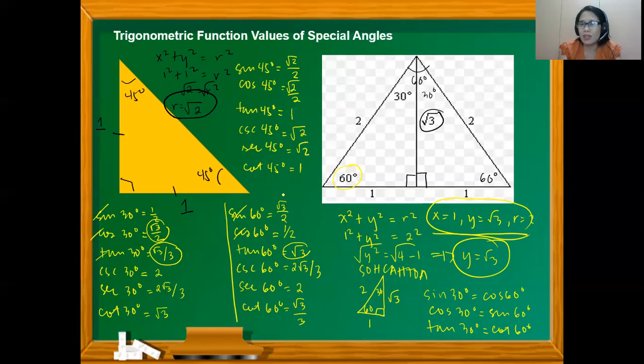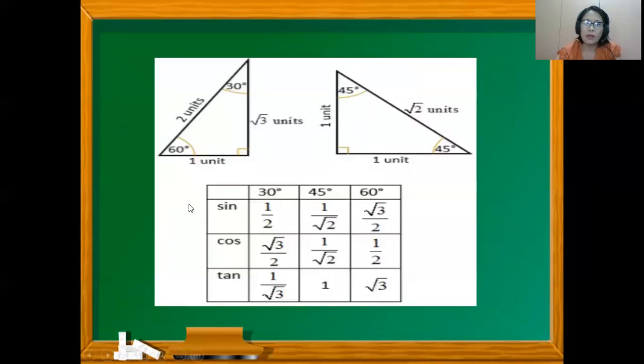So r is always greater than 0. To summarize, we have sine, cosine, tangent of angle measures 30, 45, and 60. You can work on the other three trigonometric function values by getting the reciprocal of each value here. And this was derived from an isosceles triangle and an equilateral triangle.